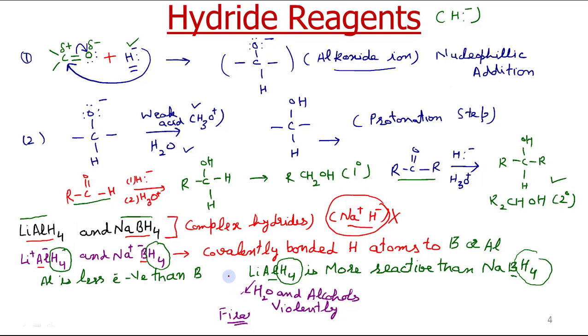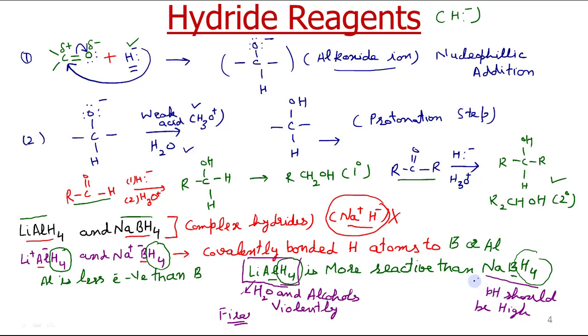So it is very difficult to handle lithium aluminium hydride, whereas sodium borohydride can be used with water or other alcohols. The only condition is that the pH should be high. If the pH is high, it means the conditions are basic.